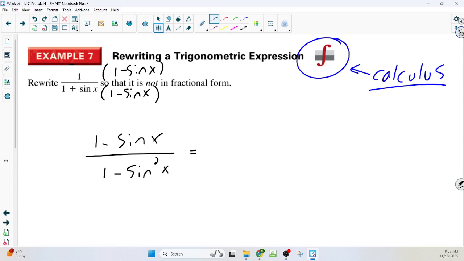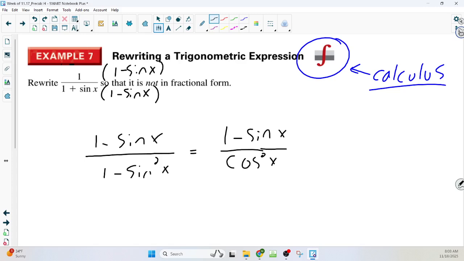Notice how I'm not really foiling that out. I just kind of know. 1 minus sine squared of x is cosine squared of x, because we just subtract the sine squared of x from the other side. So that's going to be 1 minus sine of x over cosine squared of x.